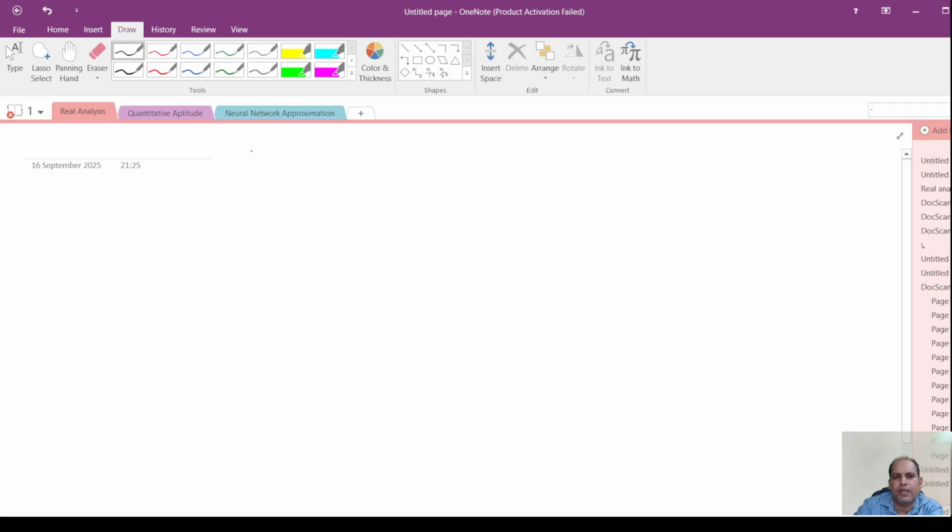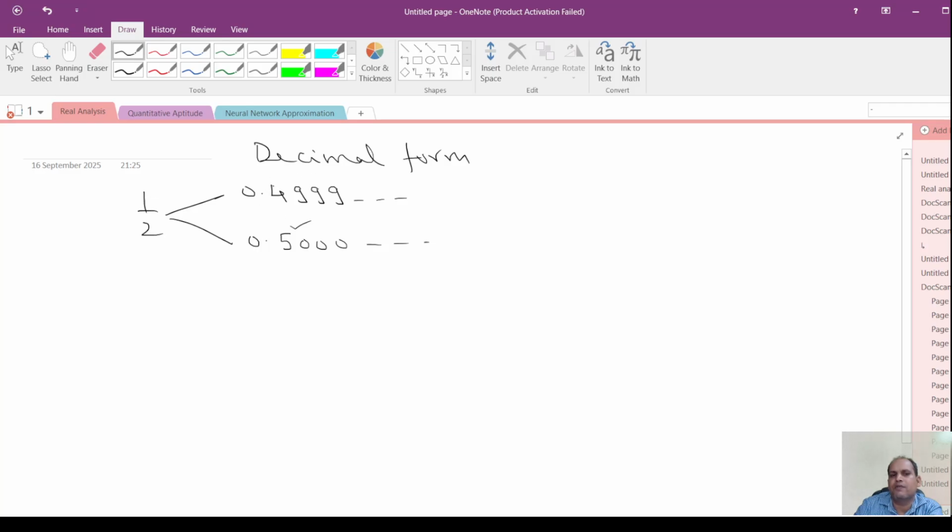We have seen that in decimal form we have two representations for half, that is 0.999 and so on, and 0.5000 and so on. This one is 0.5 already. This series will again converge to half. How?